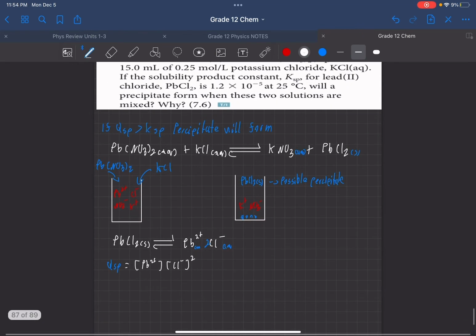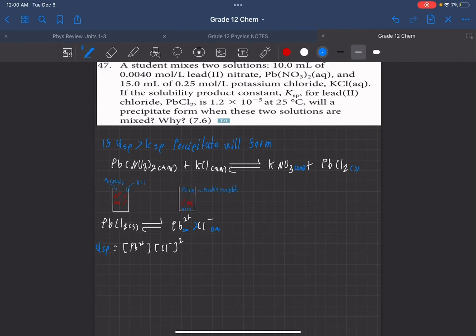So now we need to find the concentrations of Pb2+ and Cl- in this solution. So where are we going to get that?